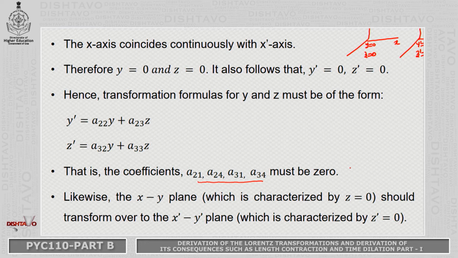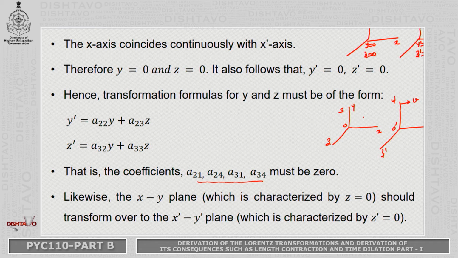Similarly, here we have the xy plane. Now I can draw that diagram once again. This is S frame, this is the origin O, axes x, y and z, and similarly this is the S dash frame, axes O prime, x prime, y prime and z prime. This is moving with the velocity v.